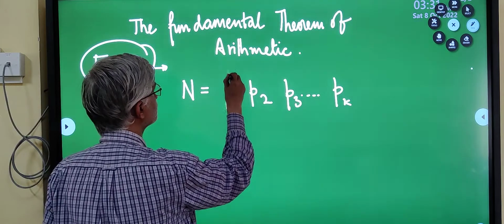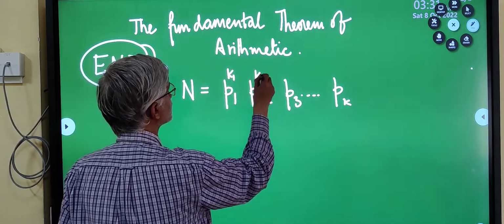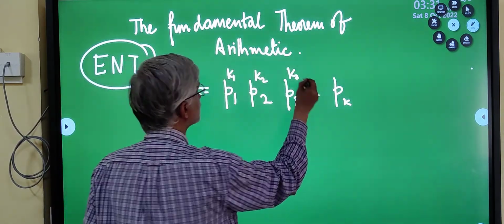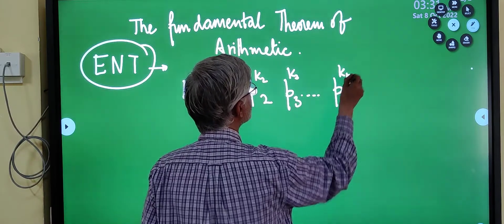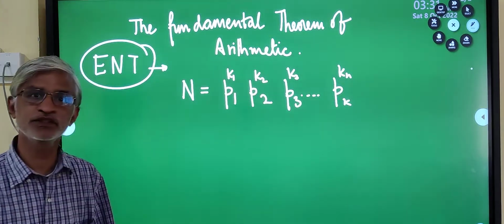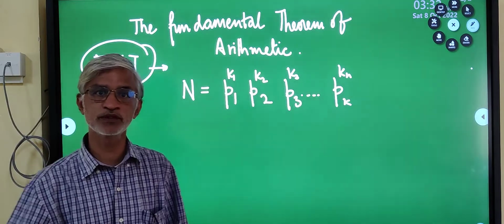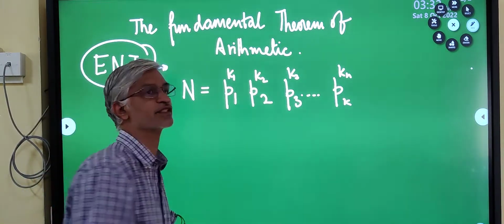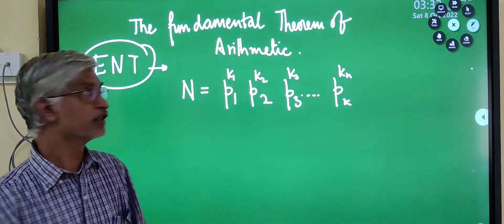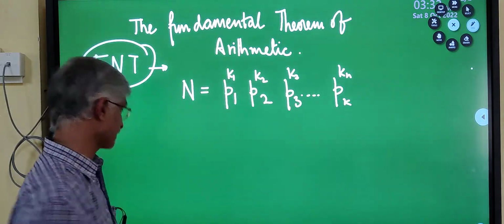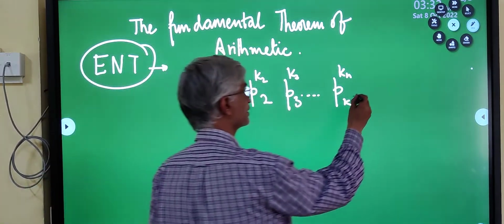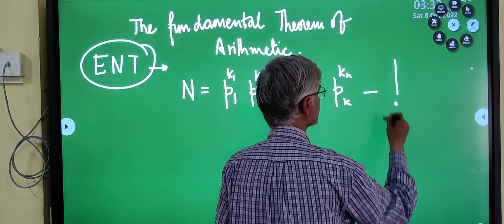So the prime number can be raised to some power, and this to some power, and so on. And this then is the general representation of the number, which is broken down into the product of primes, and this is called the prime factorization. So what does the fundamental theorem of arithmetic say? It says that this prime factorization is unique.